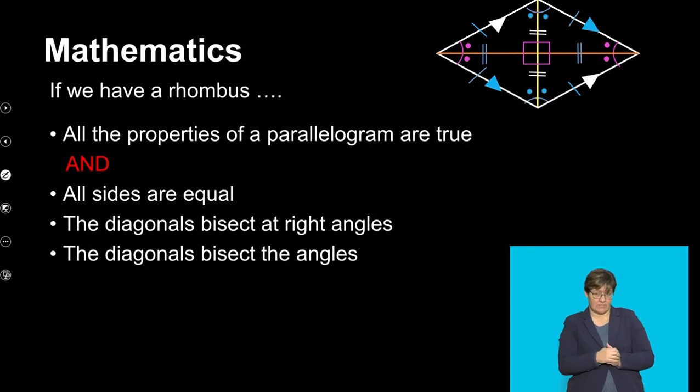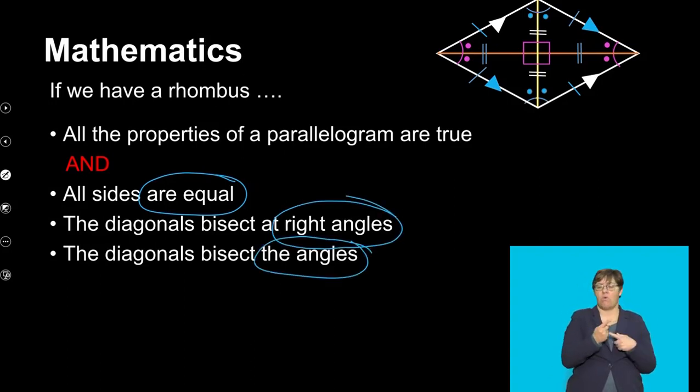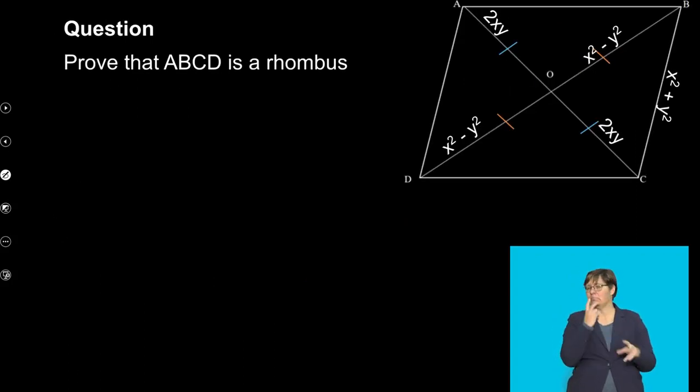Now let's quickly, again, remember I said you must show either all the sides are equal, diagonals bisect at 90, or the diagonals bisect the angles. But with the angles, it will be a bit difficult because then we will need to measure. And remember, in geometry, we don't measure, we just apply the theorems and the properties.